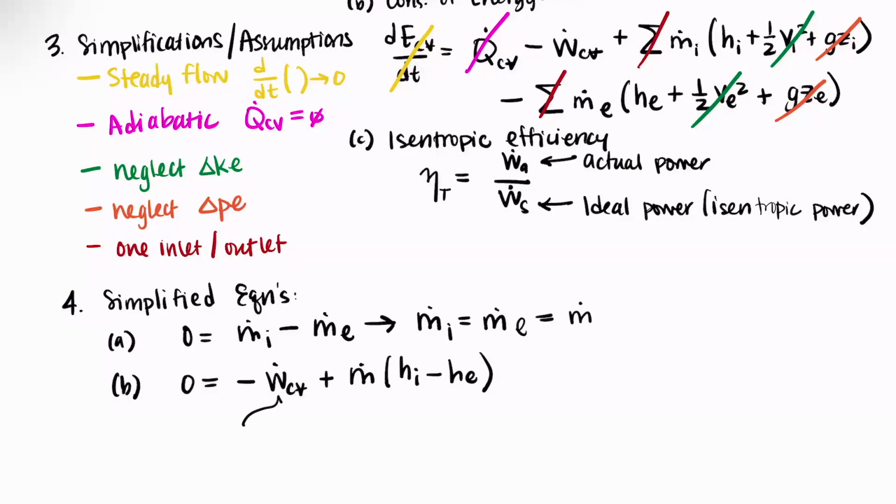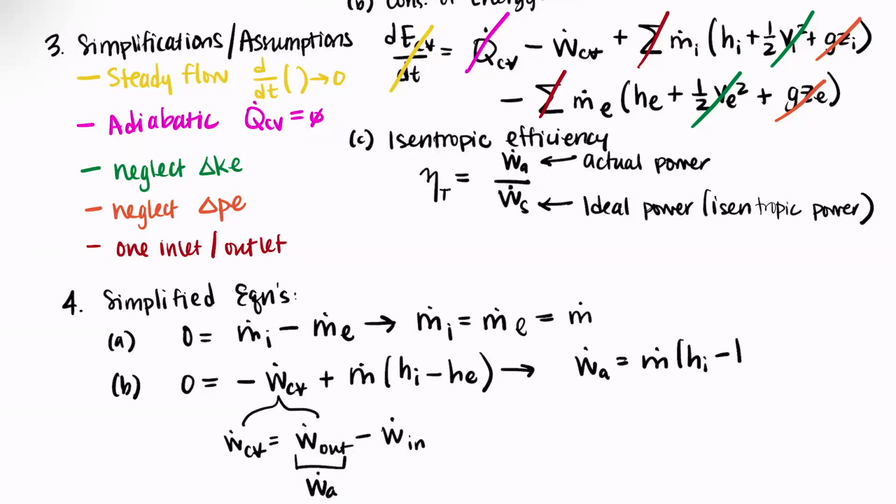And remember that W dot for the control volume is equal to W dot out minus W dot in. And we're calling W dot out W dot A, so this is our actual power output. So that means this equation is W dot A is equal to m dot (h_i minus h_e).